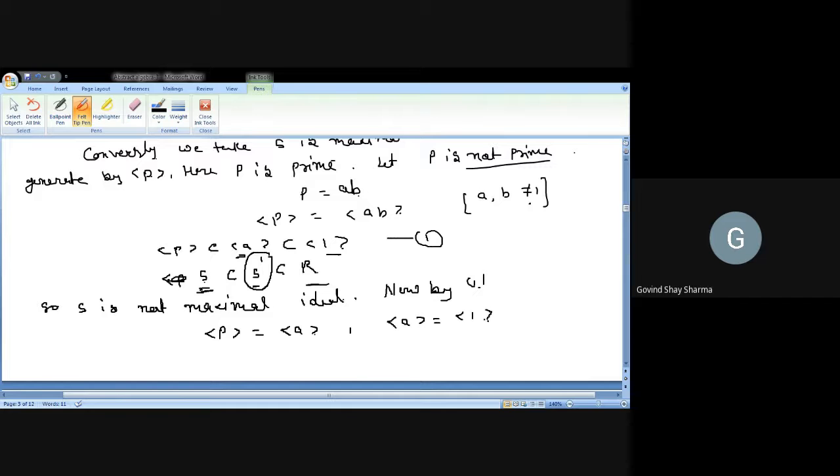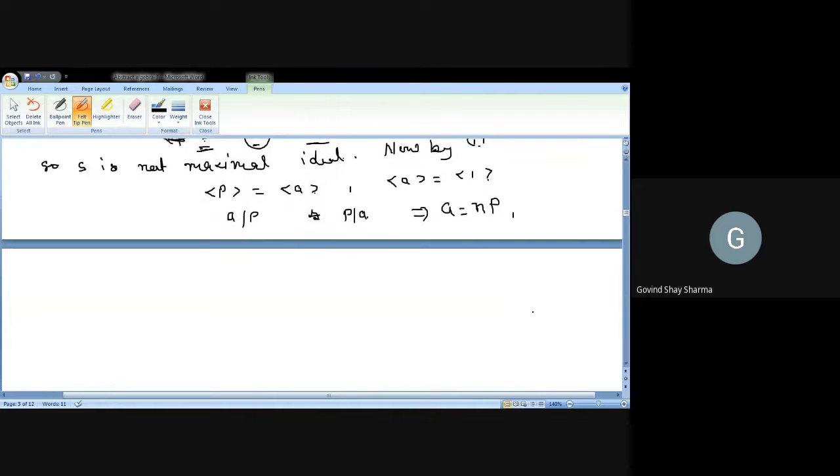So in this case, A divides P and P divides A. That means A is equal to NP, and we know that P is equal to AB we assume. So this cancels, we get 1 is equal to NB.